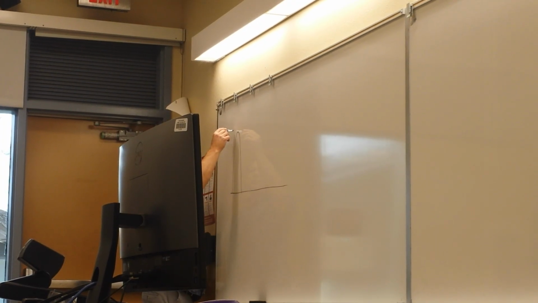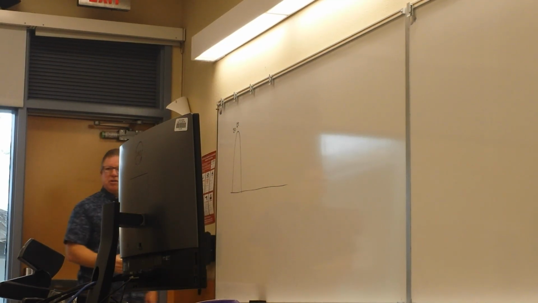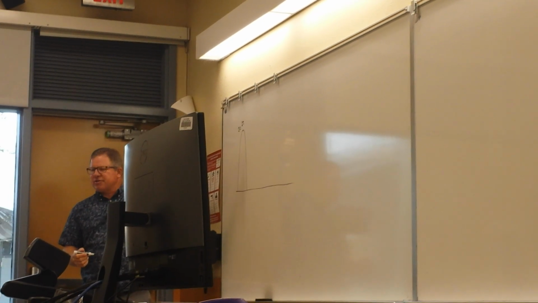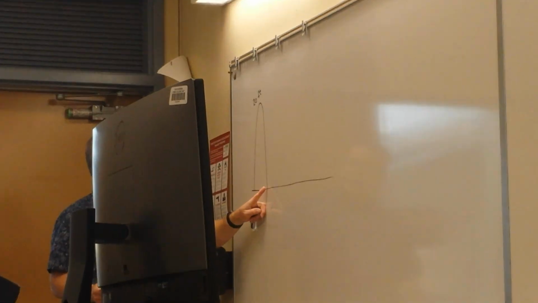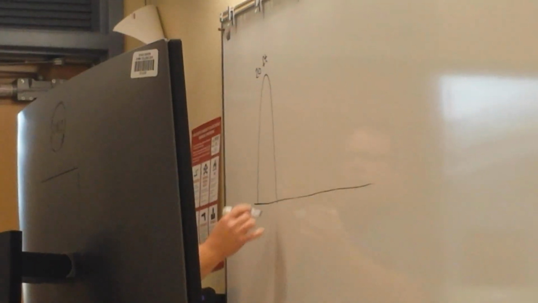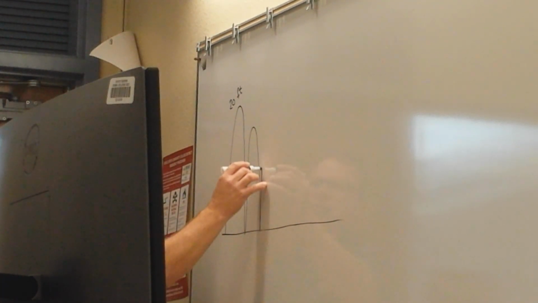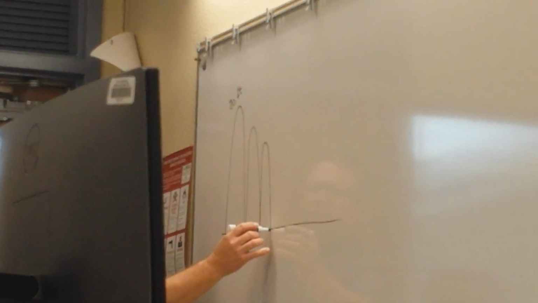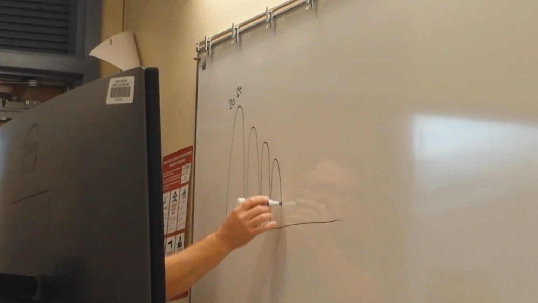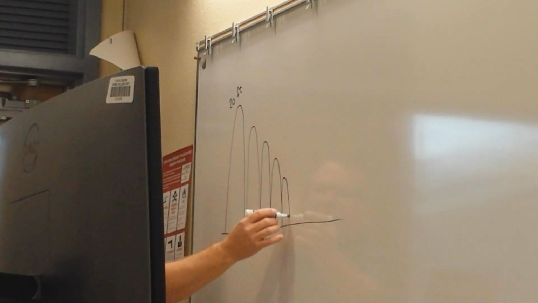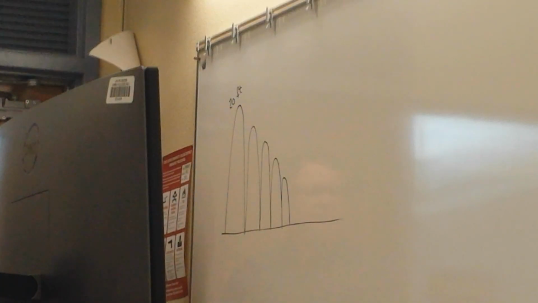Let's say it goes up here to 20 feet. That's the first toss. Hits the ground and it rebounds. Hits the ground and rebounds again. And rebounds again. And it just keeps on doing that indefinitely. Okay?